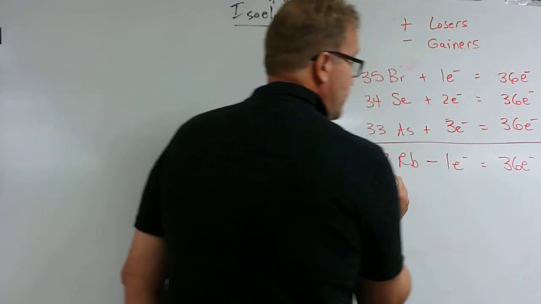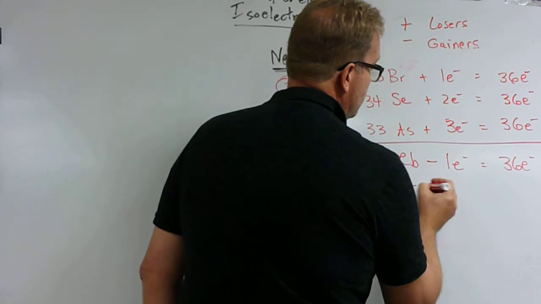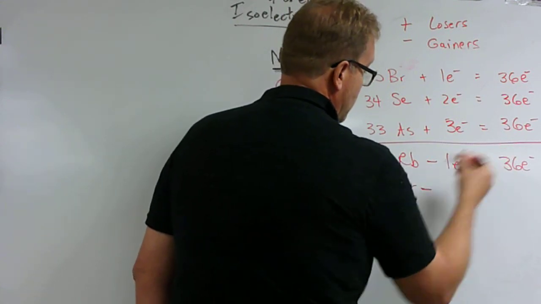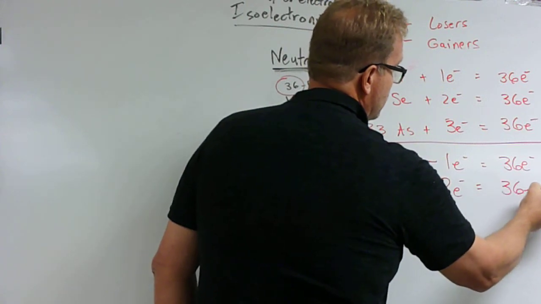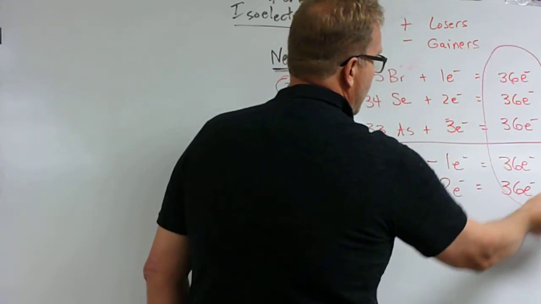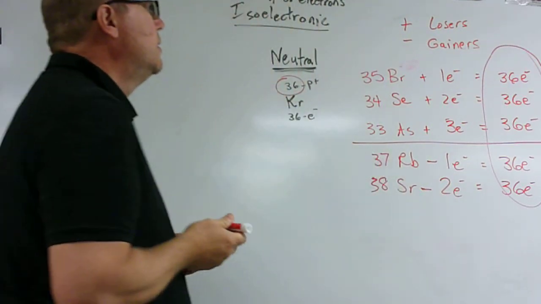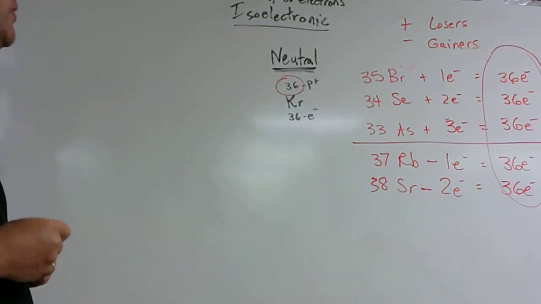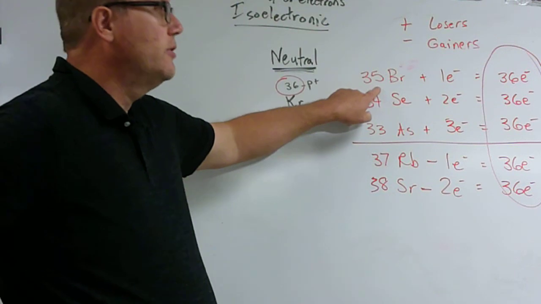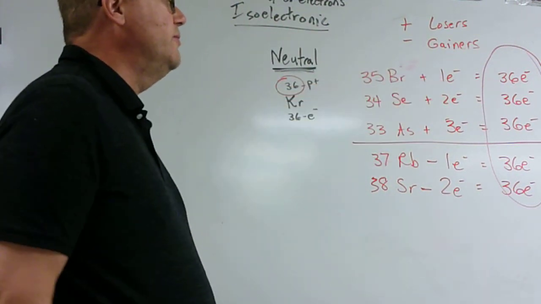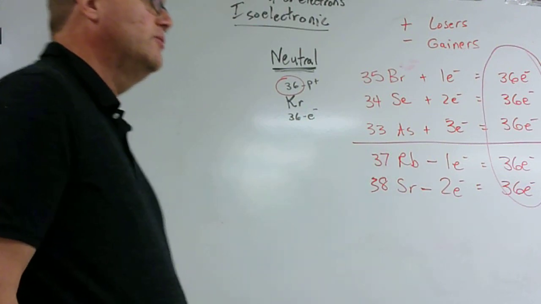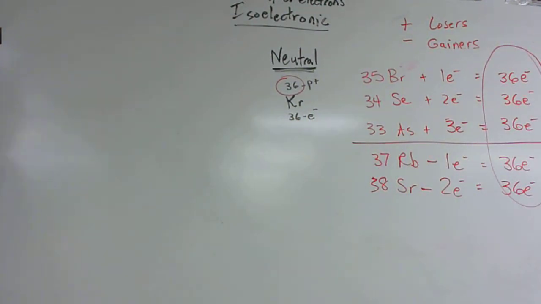And Sr, which is number 38. What am I going to lose to get to 36? 2 electrons. They're all isoelectronic. That shows you have to pay attention to where your atomic number is, and then adjust it in order to get to the noble gas, which is what you're going to have in most cases. Again, you have to be careful with it, but it's a pretty easy concept.